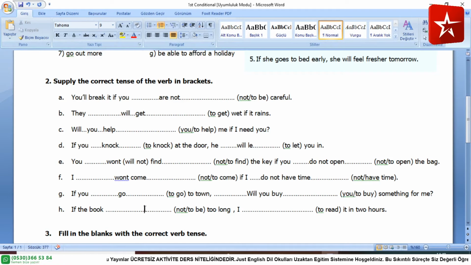And the last sentence. As the last sentence, if the book, we have not and to be. The second part, I blah blah blah it in 2 hours. Yes, good job, Merve, Ismail, Kader.